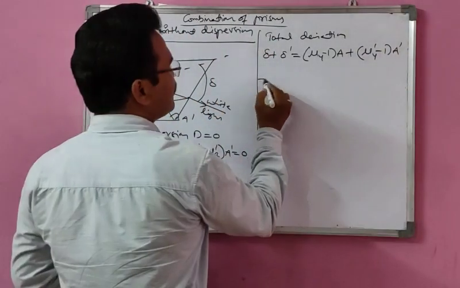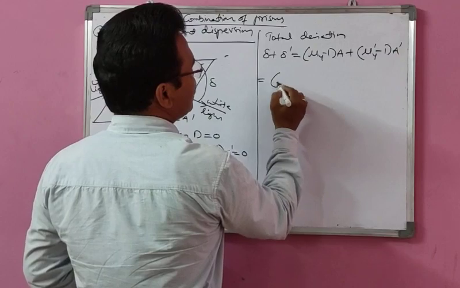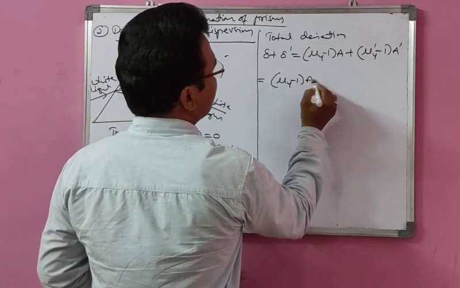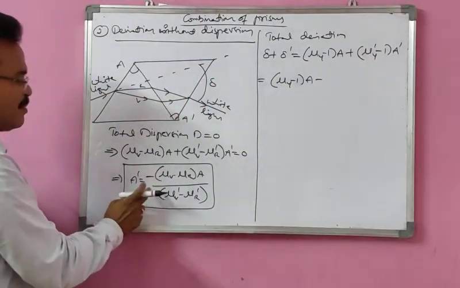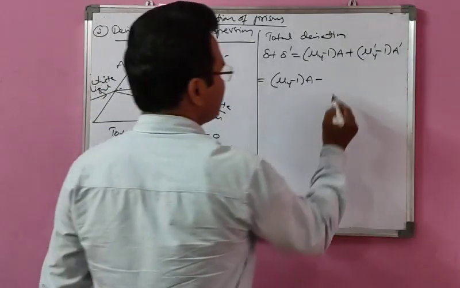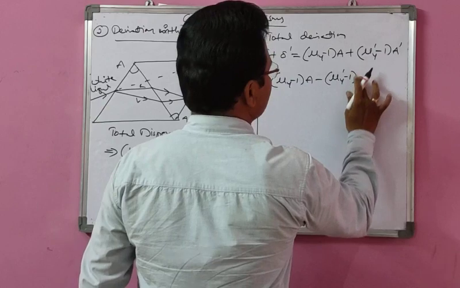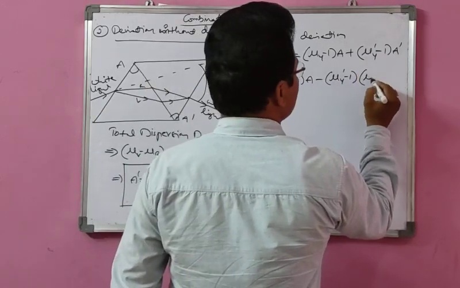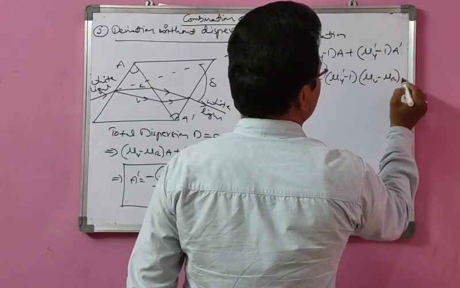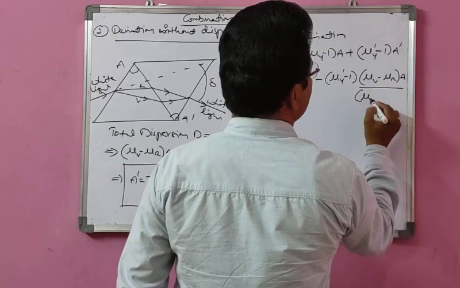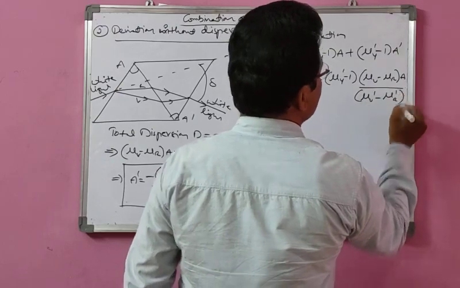In place of A dash I substitute this value, with a minus sign: mu y dash minus 1 times mu v minus mu r of A divided by mu v dash minus mu r dash.